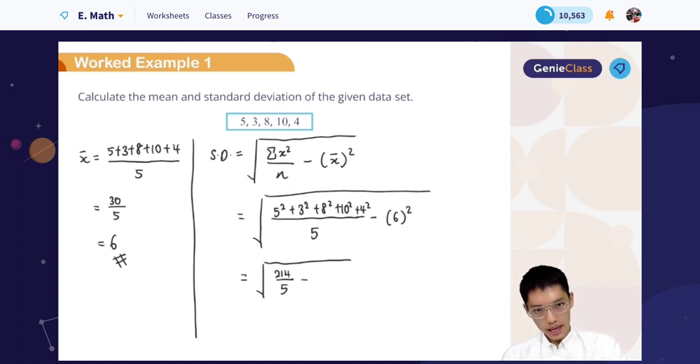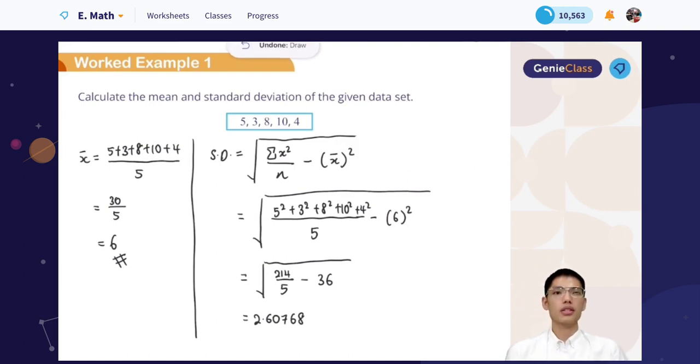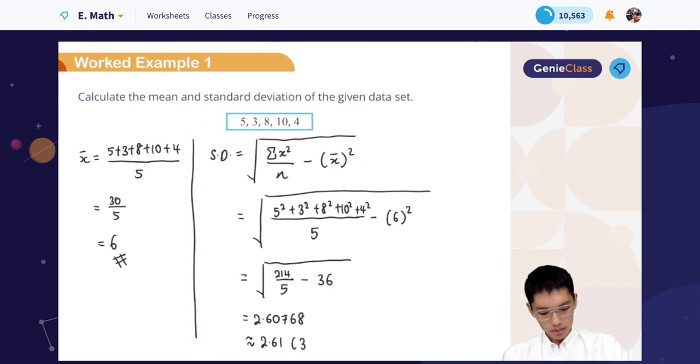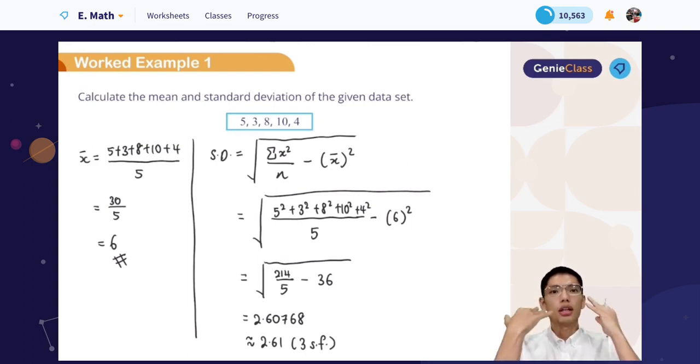And lastly, just take your calculator, press it, find the answer, truncating my value first. Remember, truncate in terms of 5 SF. You can take your calculator and try. You're going to get 2.60768. Round off to 3 significant figures, or 2 decimal places. 3 significant figures. Yes.